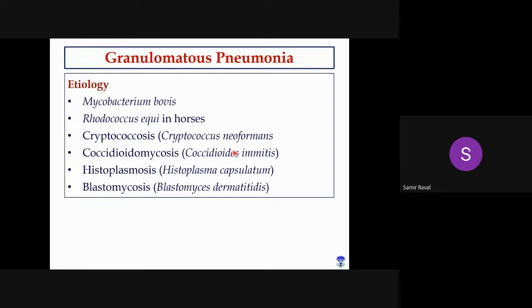But most of the time, horses are more frequently affected with these fungi: Cryptococcus, Coccidioidomycosis, Histoplasma, and Blastomycosis. These particular fungi are responsible for production of granulomatous pneumonia in case of horses. So these are the most common etiologies responsible for granulomatous pneumonia, right? So bacteria, Mycobacterium, Rhodococcus, as well as fungi.